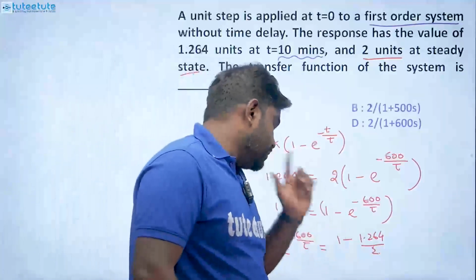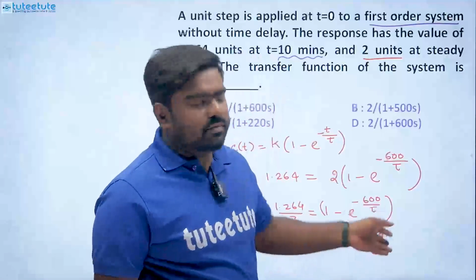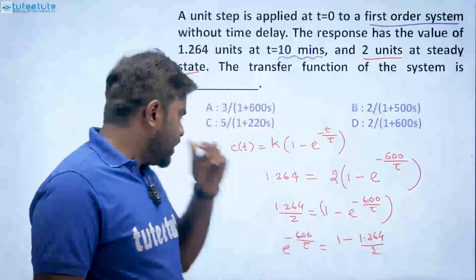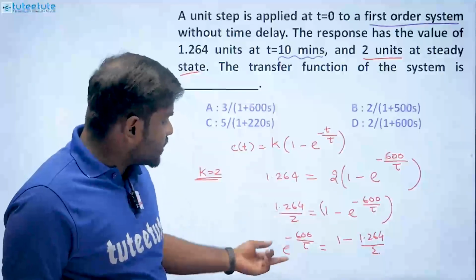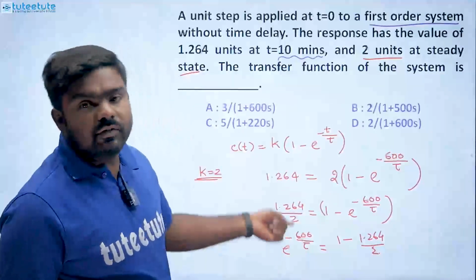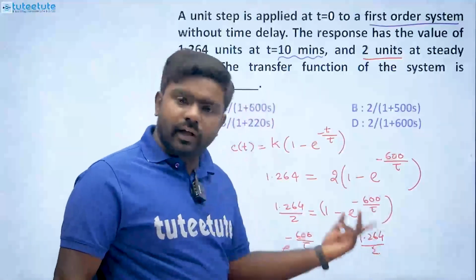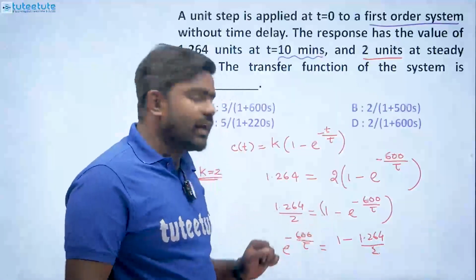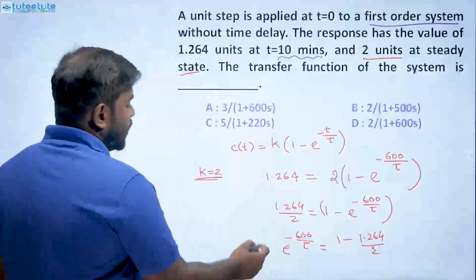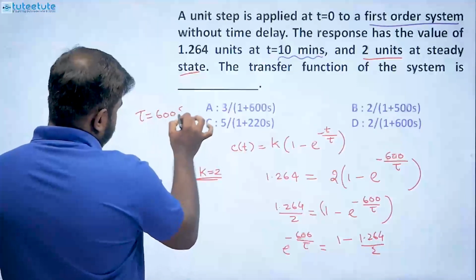So you will get a 0.6-something value, and when you subtract from 1 you will get some value around 0.4-something. Then if you take e raised to minus 600 by tau, you have to take 1 by e raised to 600 by tau. So here also you have to take the reciprocal, then apply the natural logarithm, then you will get the value of tau. So here you will get the value of tau exactly as 600 seconds itself.